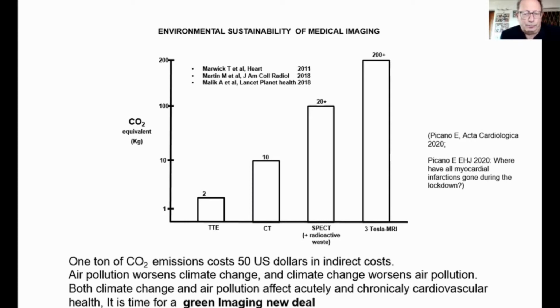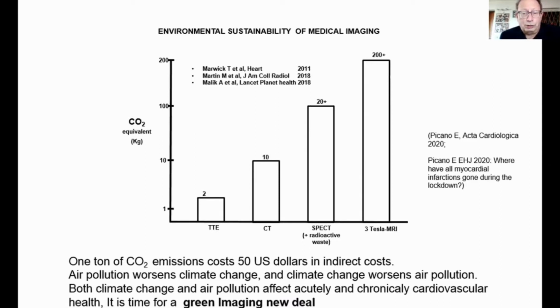And the environmental burden of an echo cardiac study is 1/10 to 1/5 of a CT study, 20 times and more less than a SPECT study, and 100 times and more less than a magnetic resonance study.